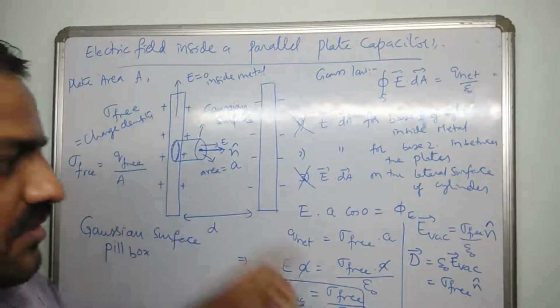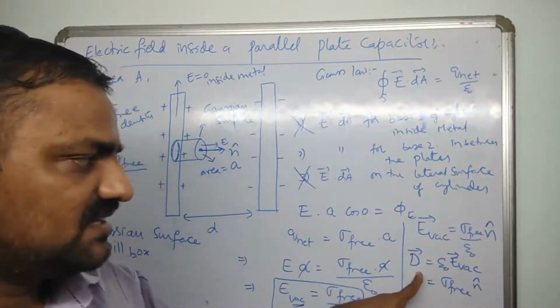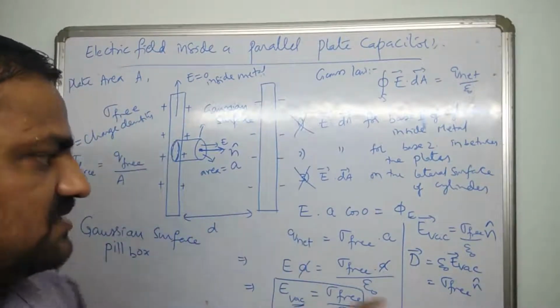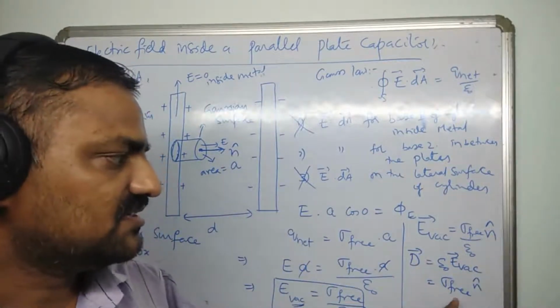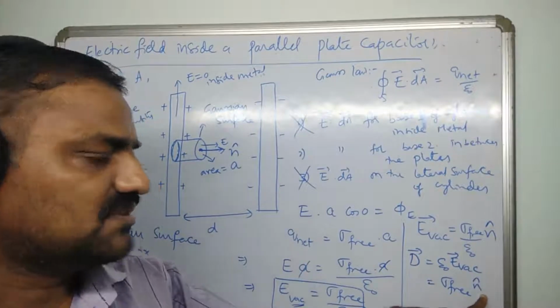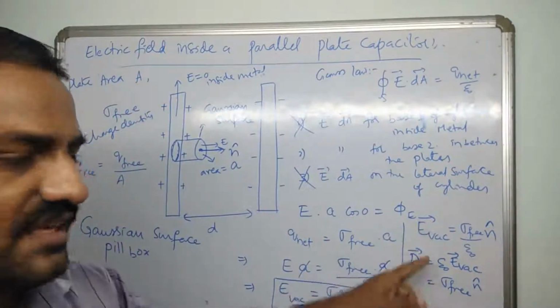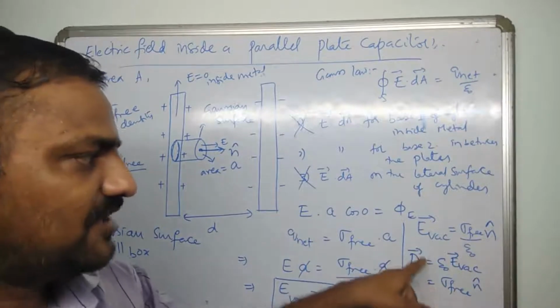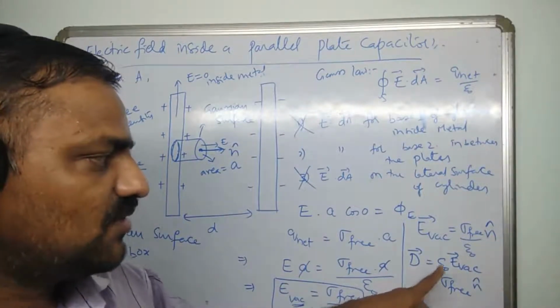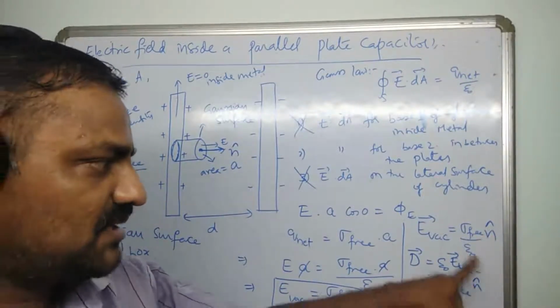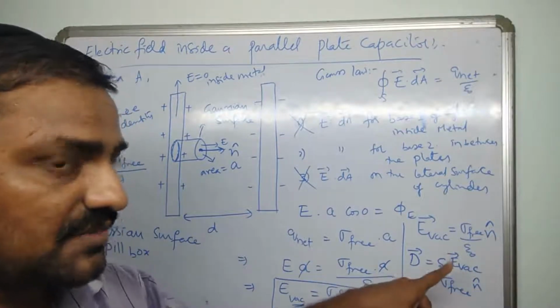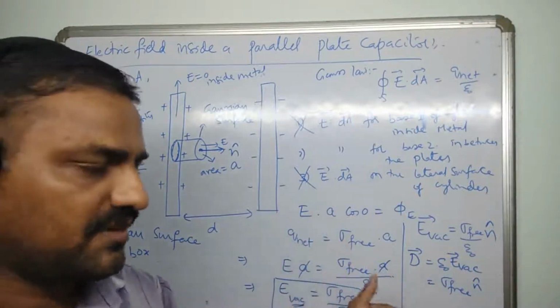Okay, so I repeat, the D, electric flux density for any plate, is just the sigma free, the surface charge density, times the unit vector drawn to this particular plate. That is the D, and this is the E. And D and E vacuum are related through D is equal to epsilon 0 E vacuum. Please remember, it is E vacuum, but not E medium, which will come in a moment.